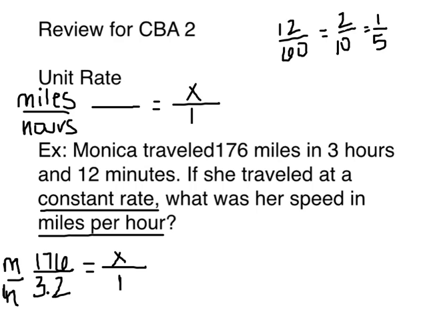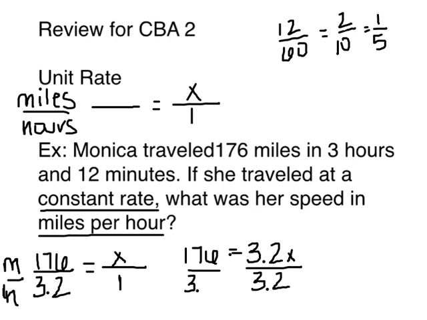Then we're going to go ahead and do our cross product. So 176 times 1 equals 176, equals 3.2x.